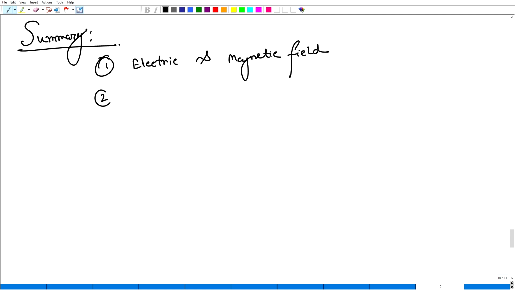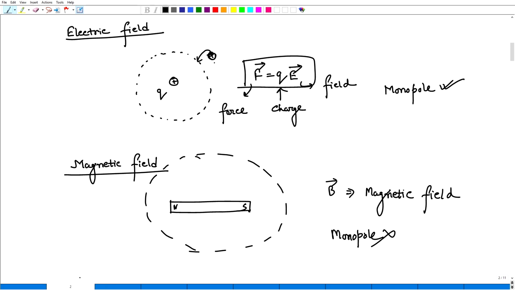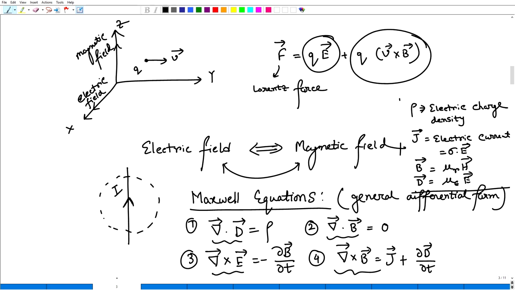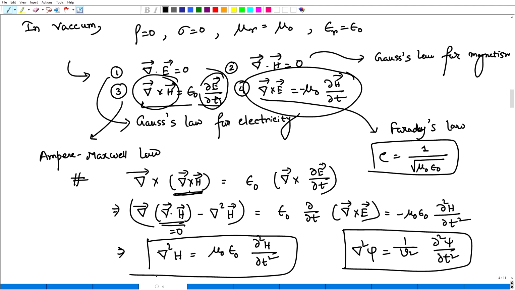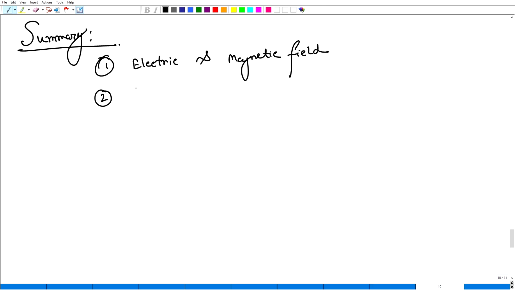Here we first discussed the 4 forces, and after that the electric field and magnetic field. Next we discussed our Lorentz force and Maxwell equations. So here we discussed how the electric field and magnetic field are defined, then the Lorentz force.